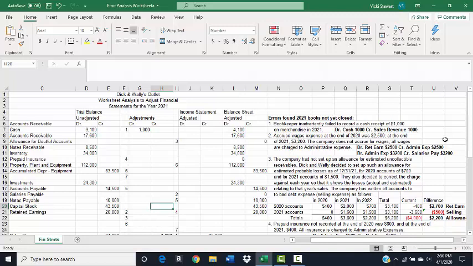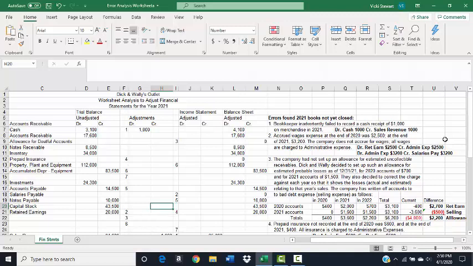So first we're going to look at the entry to correct the entry for 2020. Those books are closed. So those expenses of $2,500 would actually have been debited to administrative expense in 2021.